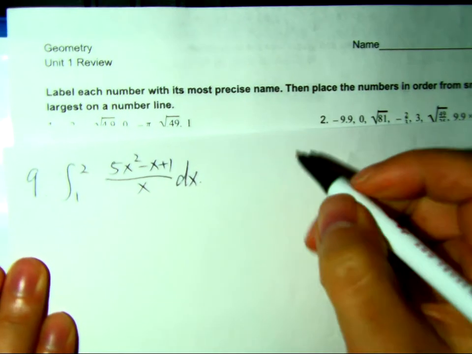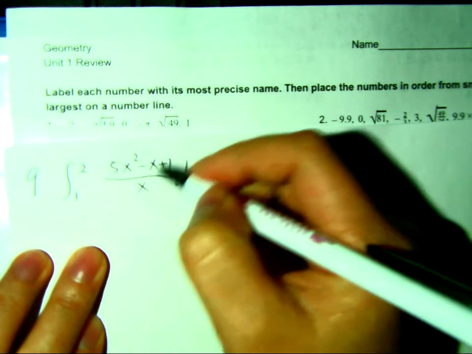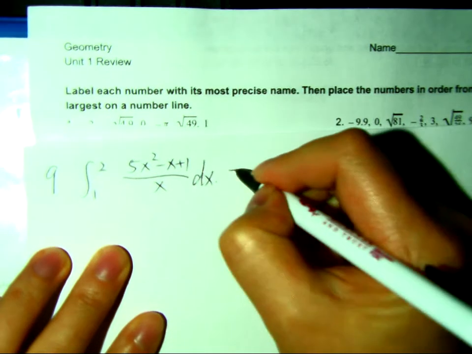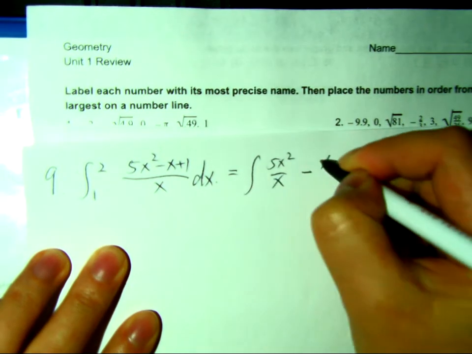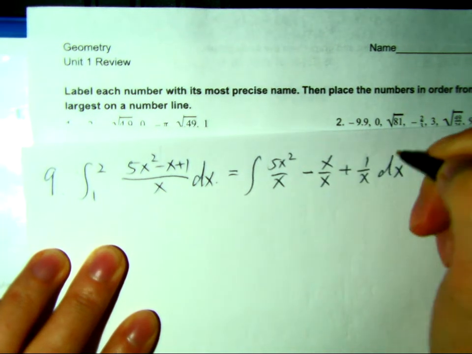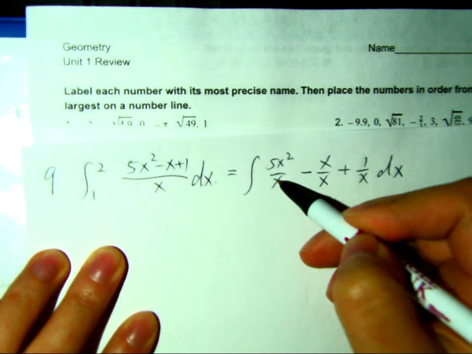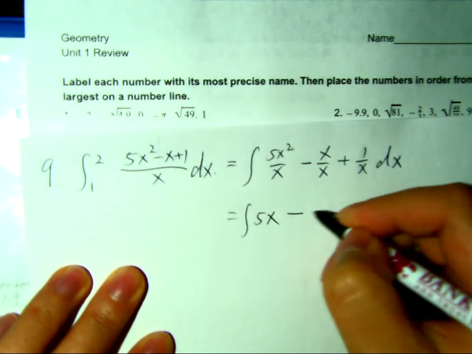For this question, when we have a single term on the denominator, we need to separate these fractions. So we rewrite this as 5x squared over x, and the 1 over x. So x squared over x will simplify to just 5x, and that will just be 1.